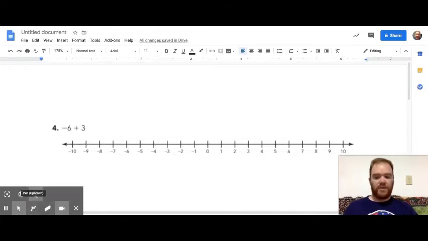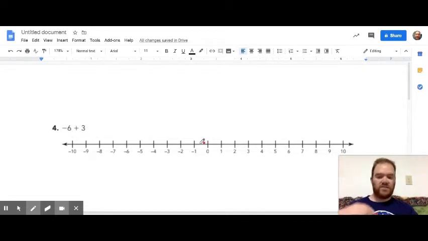All right, so we're going to approach this problem: -6 plus 3. If you go back to elementary school, kindergarten, first grade adding, you always started at 0.